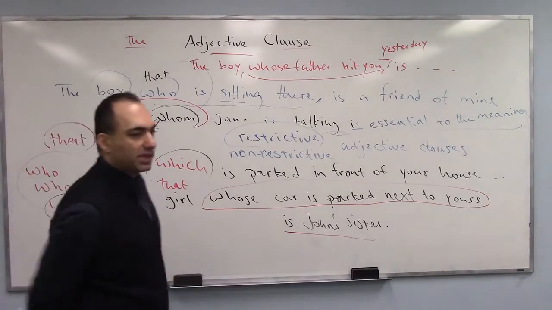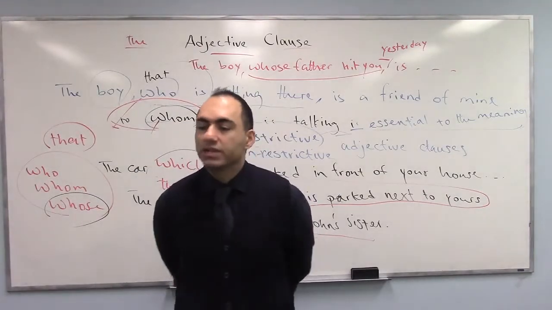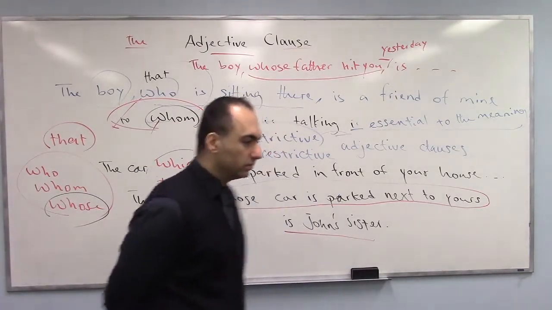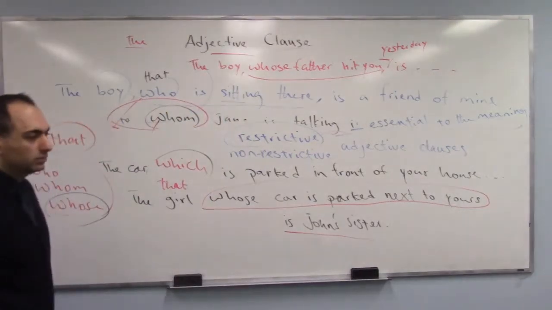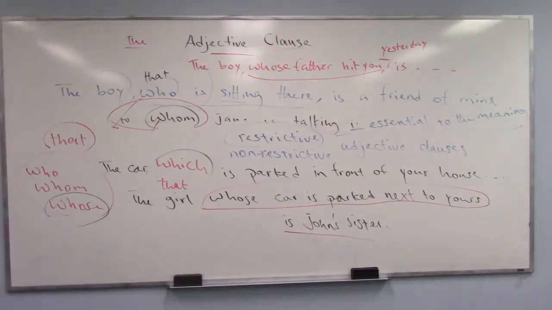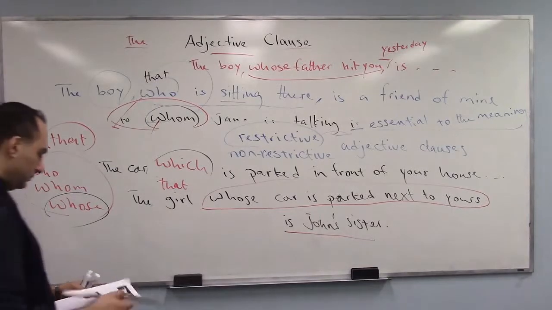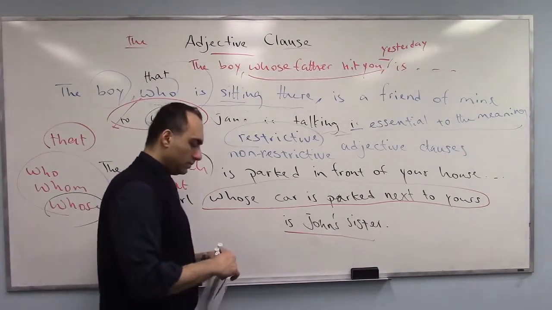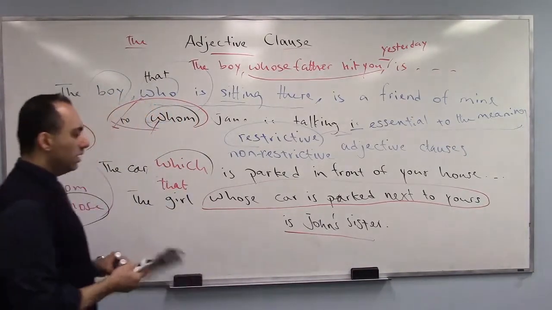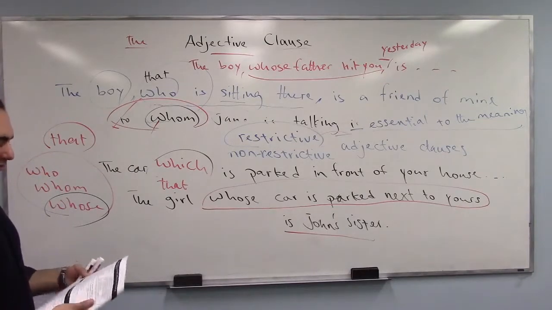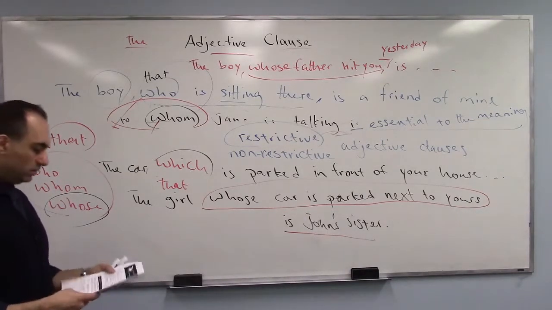For things we would say that or which. The book which is on the desk, the book that is on the desk. For people, who. For places, where. For time, when.